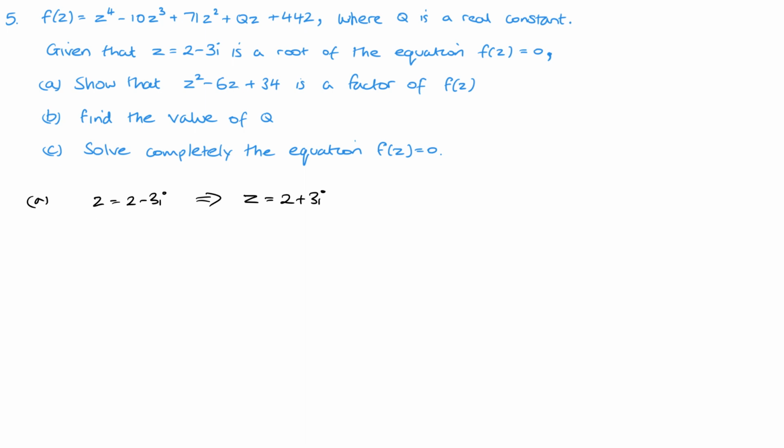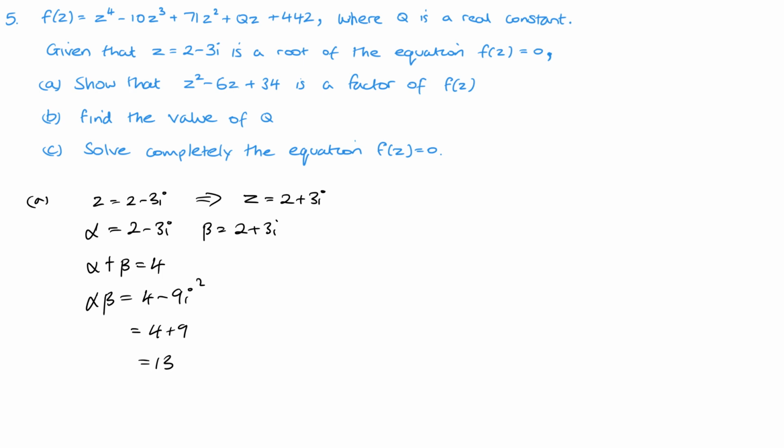Now, if I think of alpha being 2 minus 3i, beta being 2 plus 3i, then alpha plus beta is going to be 4, and alpha times beta is going to be 4 minus 9i squared, which is obviously 4 plus 9, or 13.